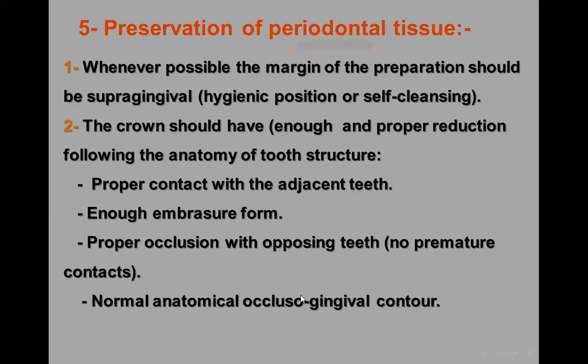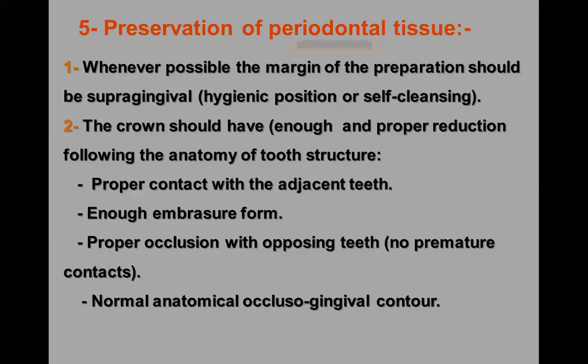The last principle is the preservation of the periodontal tissue. The crown will be seated in a place where there is gingiva or soft tissue around it. What must we do in our preparation to keep the periodontal tissue healthy? Whenever possible, the margin will be placed supragingivally.